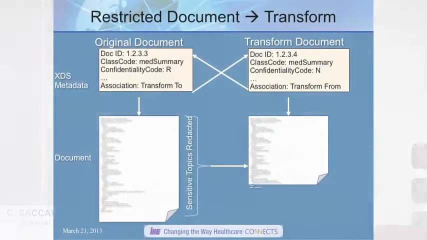This is a more complex concept in the same space, in that we've also thought through the fact that sometimes you have a document that has some sensitive information in it that only a few people should see, but it's got so much more that more people really should see. The most basic concept that we built into XDS is that a document can have a transform.